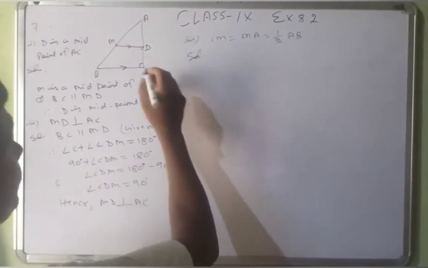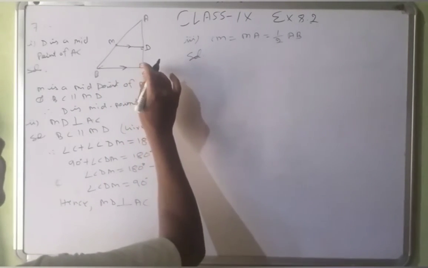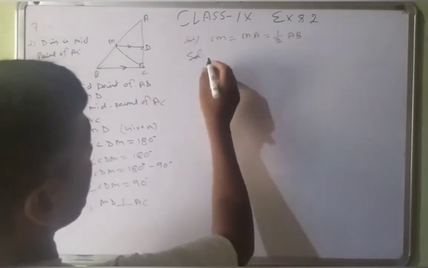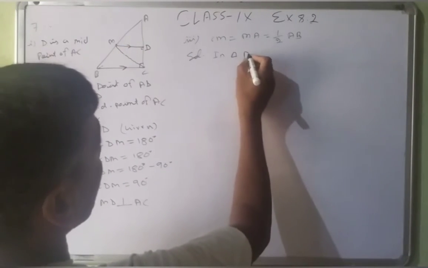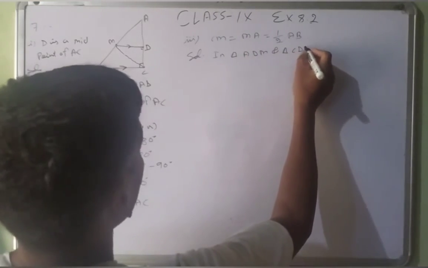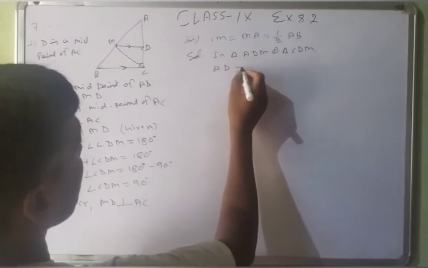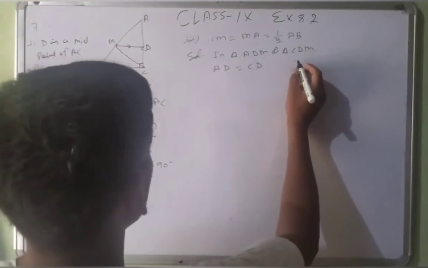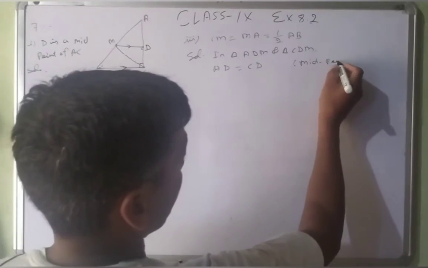We will do the solution. In this one also we need to join CM. In triangle ADM and triangle CDM, AD is equal to CD by the midpoint, which we have proved here.